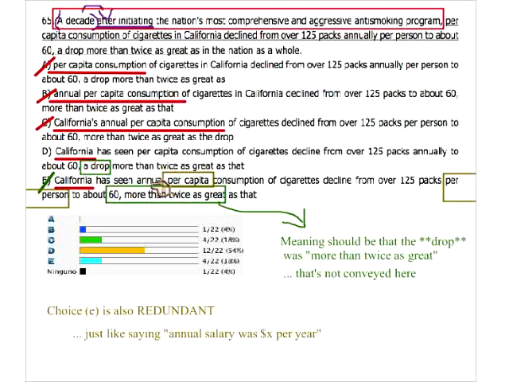Same thing, you could say annual per capita consumption was this many packs. Notice that's what the correct answer does. Or you could say the consumption went down from this many packs per person, but you don't say both per capita and per person.